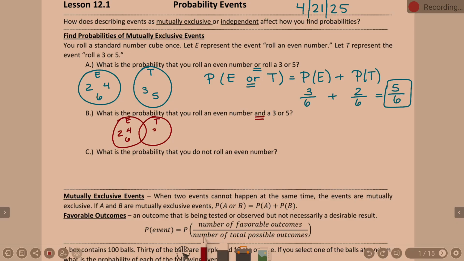Event T was rolling a 3 or a 5. What goes in the middle? Nothing. Is there anything that overlaps between the two groups? There's not, is there? The 2, 4, 6 fall in event E, and 3 and 5 fall in event T. None can go in the middle and share the circle, are there? So with that in mind, we're being asked about the probability of E and T. What would you say here?